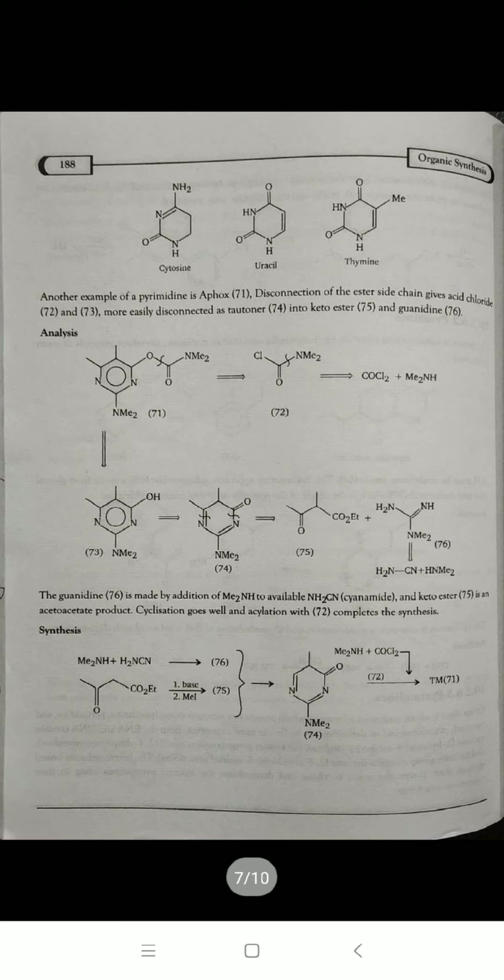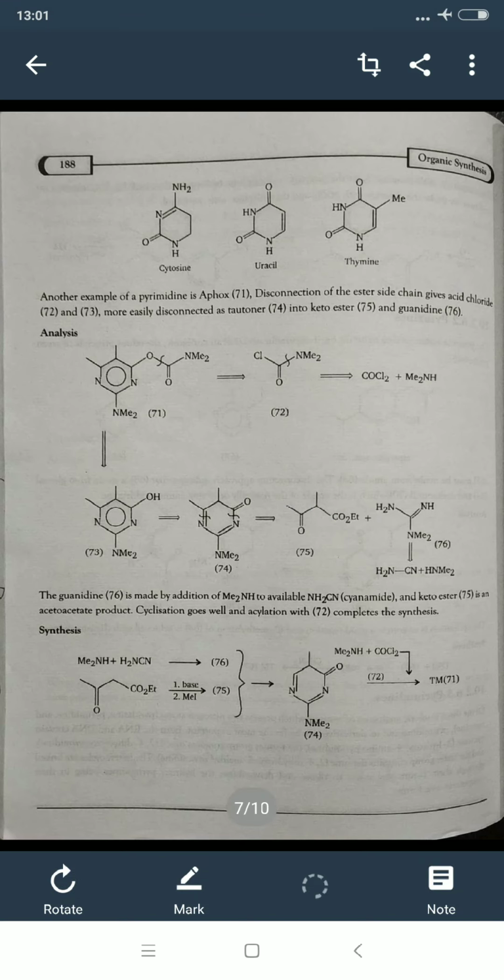The guanidine 76 is made by the addition of dimethylamine to available cyanamide, and the keto ester 75 is an acetoacetate product. Cyclization goes well and acylation with 72 completes the synthesis.